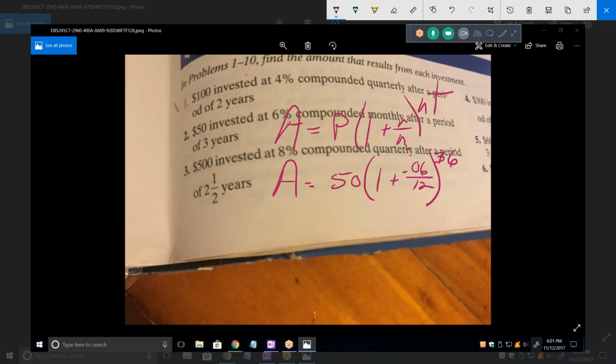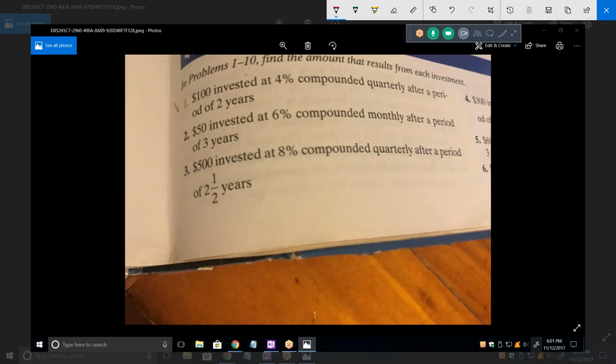Don't be shocked by those large exponents. They are correct. And again, you get that out of your calculator. Okay, what's this going to be for 3? 500, in parentheses 1 plus 0.08 over 4, to the power of 4 times 2.5.